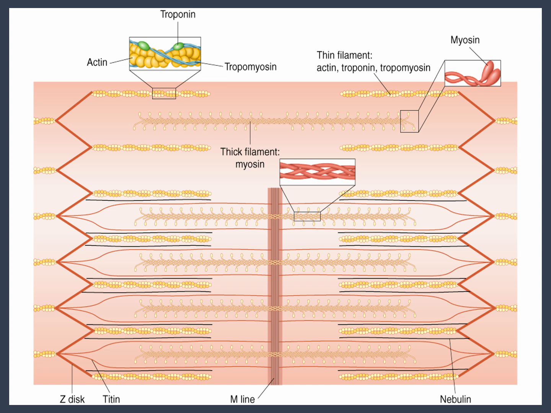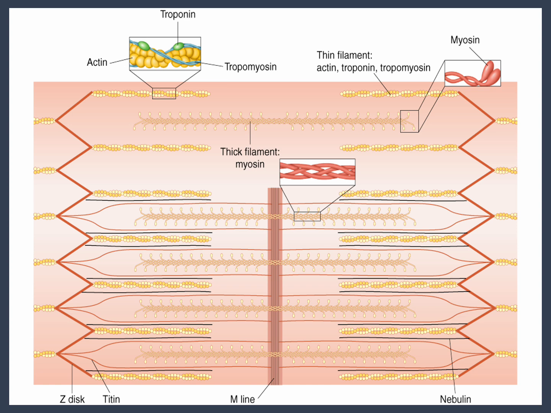So the myosin in red has a globular head. Remember that fist and forearm example I provided. Your fist, which is the globular head, attaches to the actin. So the globular head moves and attaches to the actin and then pulls towards the M line.